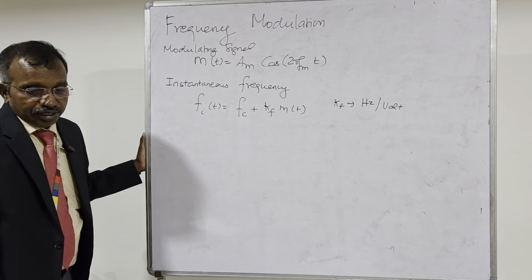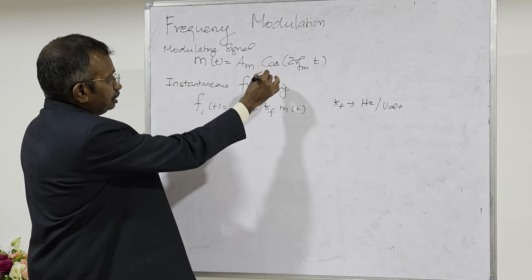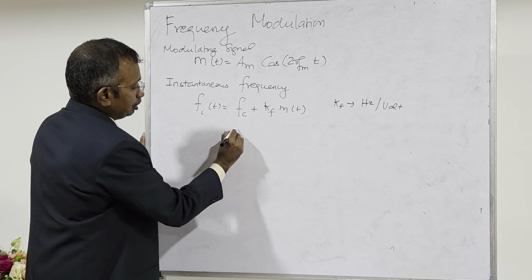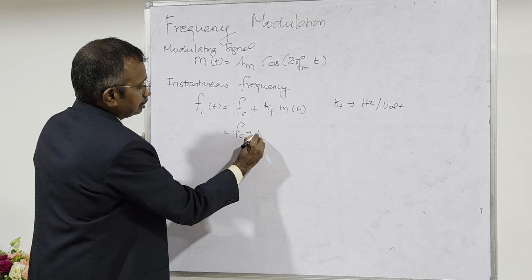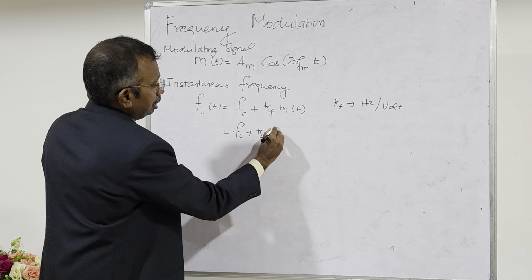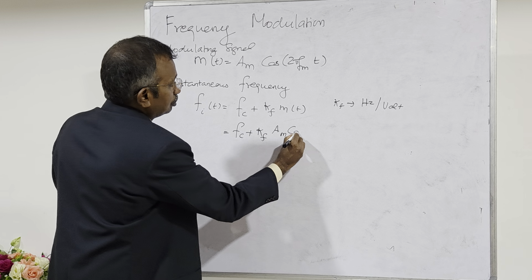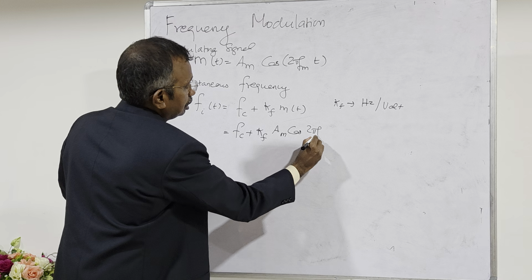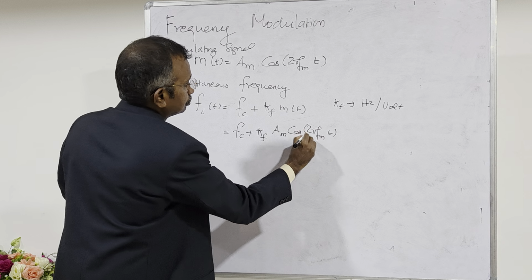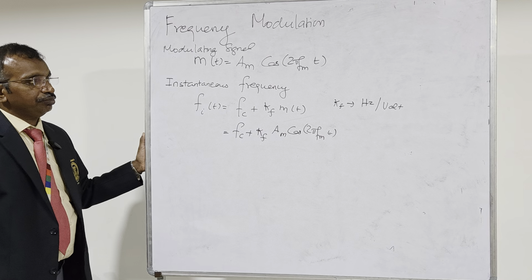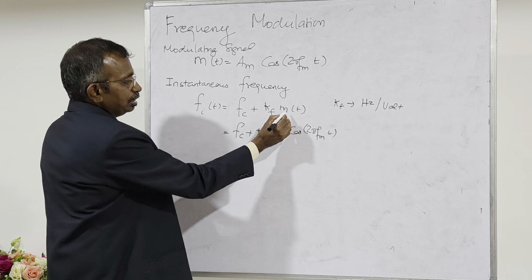Then I can substitute m of t here. So this becomes Fc plus Kf into Am into cos 2 pi fm t. I am substituting m of t from this equation.